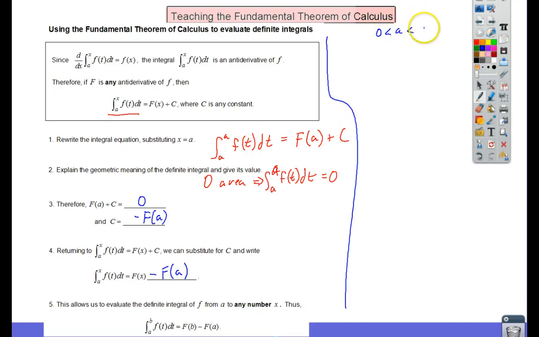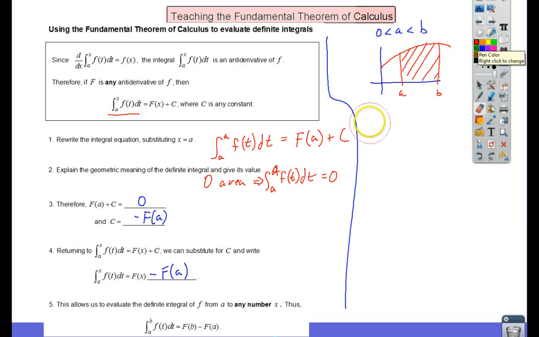I don't even need to do that part, it just makes it easier. I make that claim, graphically speaking. Here it is. Here's a. Here's b. Boom. I want to find this area underneath here.